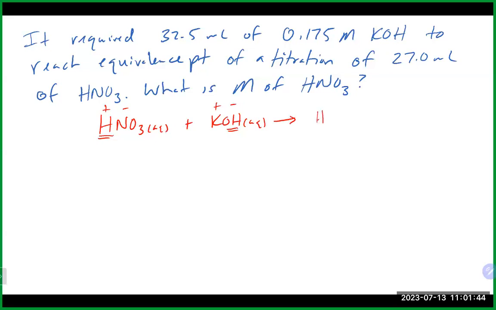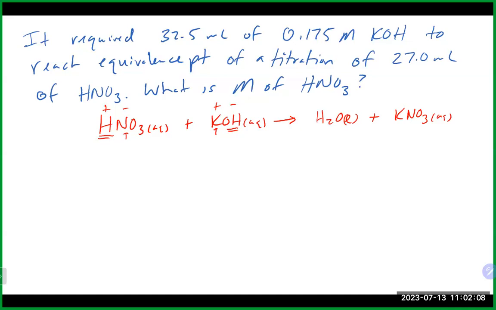The salt part is the other ions that will come together properly. In this case, +1 for potassium, -1 for nitrate. So we get an equation like this. We always want to make sure that it is balanced, and in this case, it is balanced.